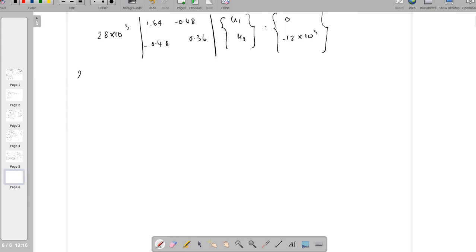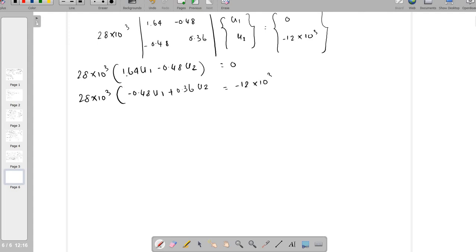So we can write in the equation form: 28 into 10 power 3 (1.64 u1 minus 0.48 u2) is equal to 0. The next equation: 28 into 10 power 3 (minus 0.48 u1 plus 0.36 u2) is equal to minus 12 into 10 power 3.